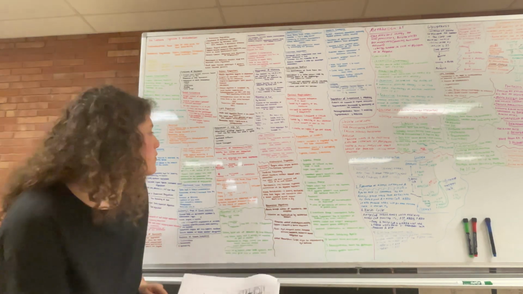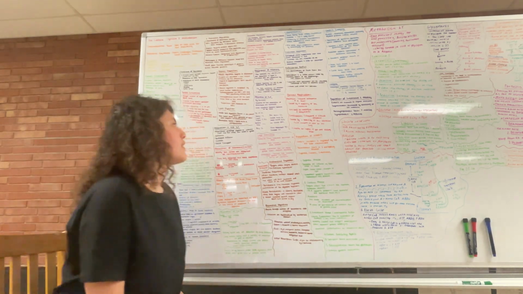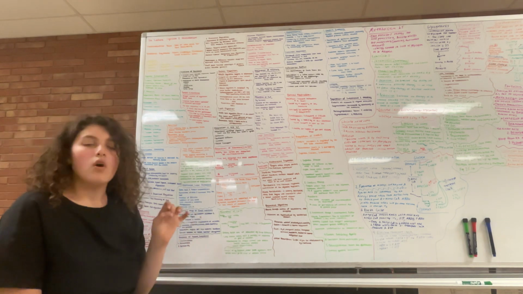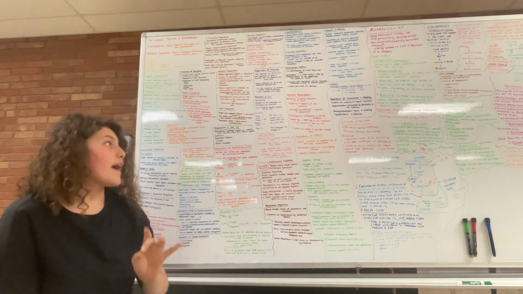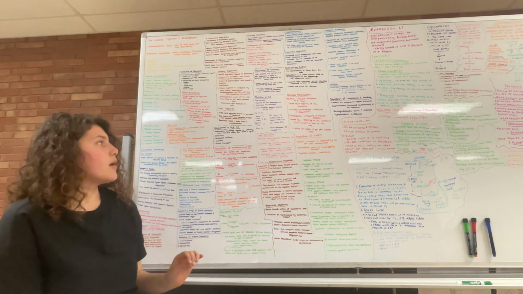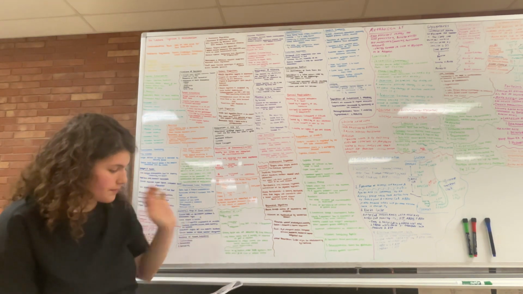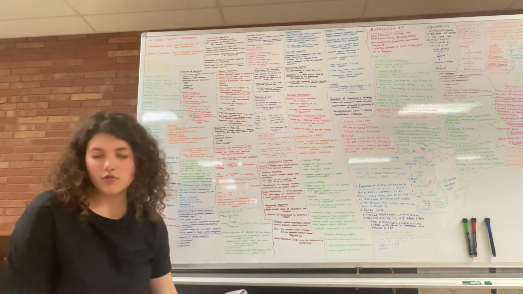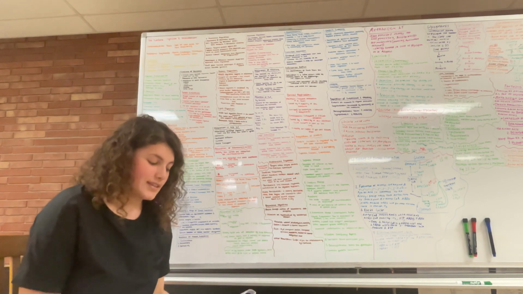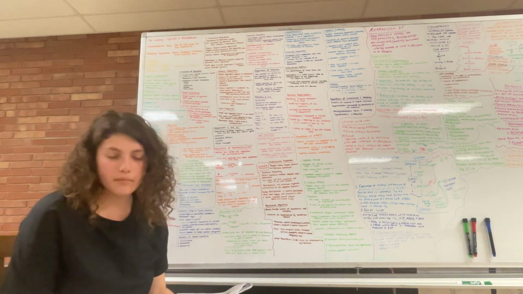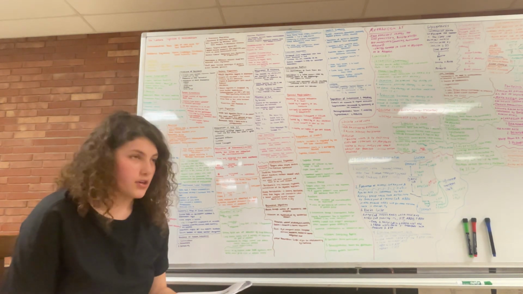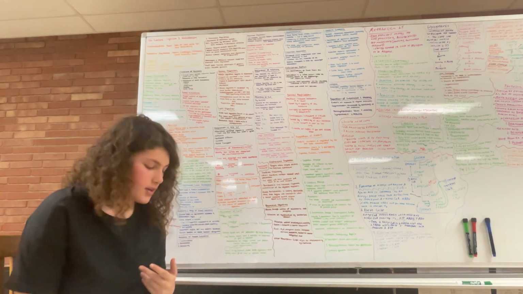The breakdown of the fluids in your body is saliva creates 1 liter per day. This is all per day. The ingestion of liquids, you're supposed to drink 2.3 liters of liquids per day. That is important to keep yourself from dehydrating.